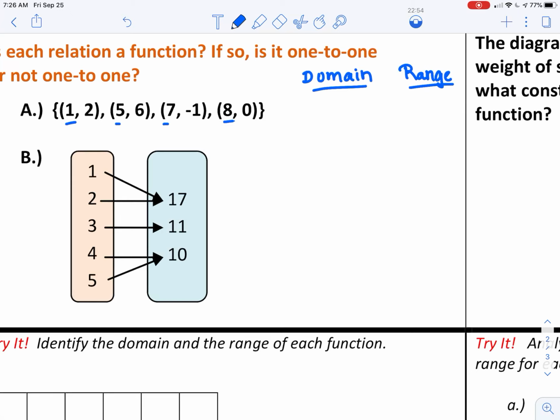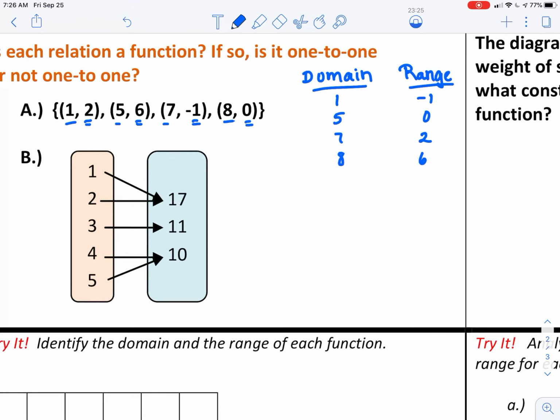So we're going to list those, and generally you list those in order. It looks like these are actually given to us in order, or a domain at least. So let's go ahead and write those out. We put 1, 5, 7, and 8. Now, the range is always the y value. So let's go grab all of the y values, and those we'll go ahead and put in order. I see we have -1, 0, 2, and 6.